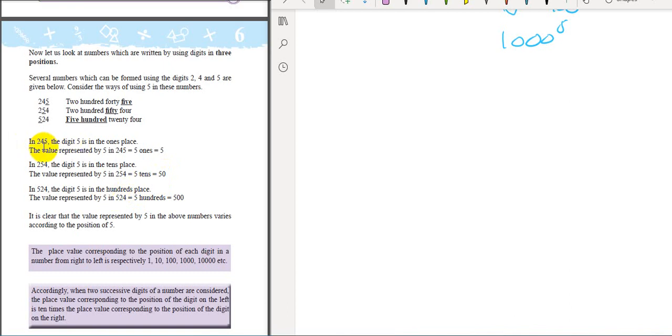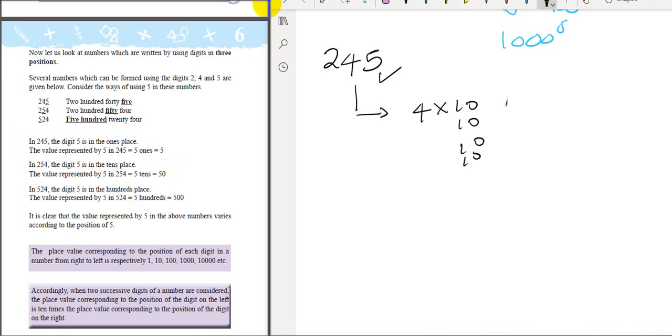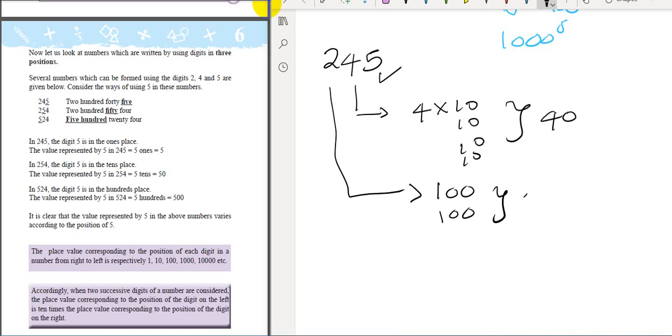In the third place, 2 is there, in the hundreds place, so 2 hundreds is 200.